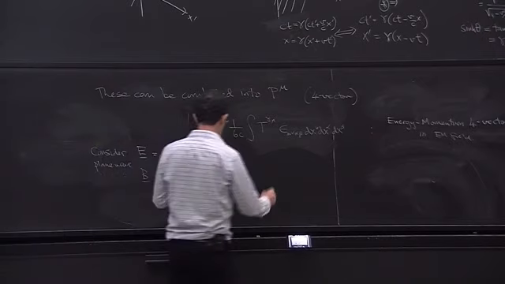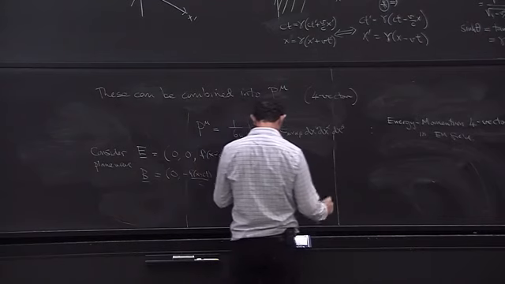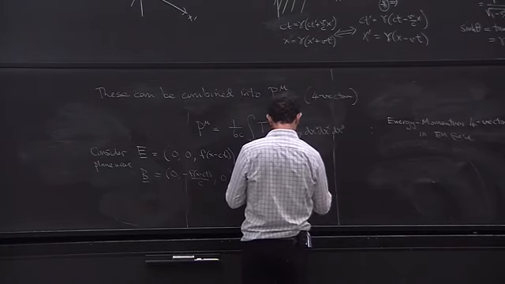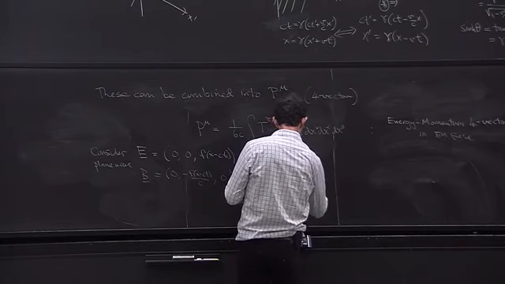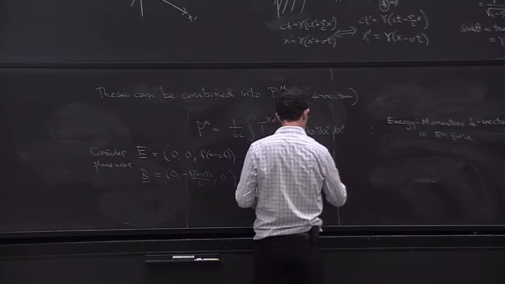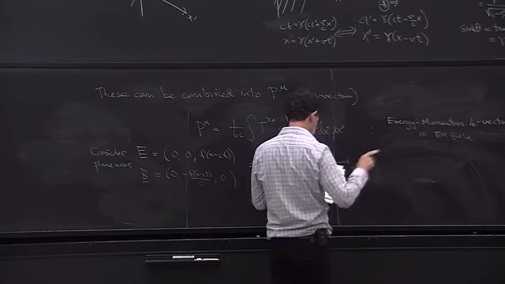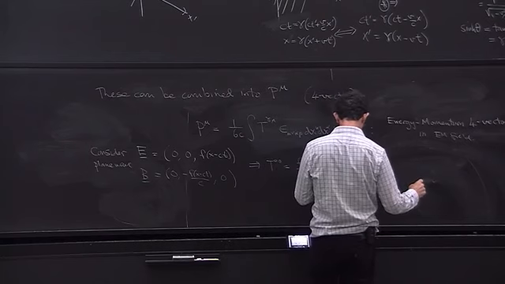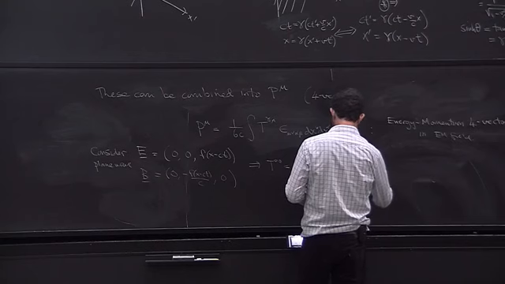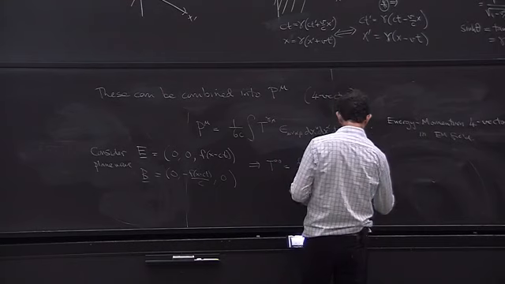And now we can just calculate T naught naught, which is equal to f squared over mu naught c squared, and T0x rather, the flux of energy in the x direction, is also f squared over, is the same thing.